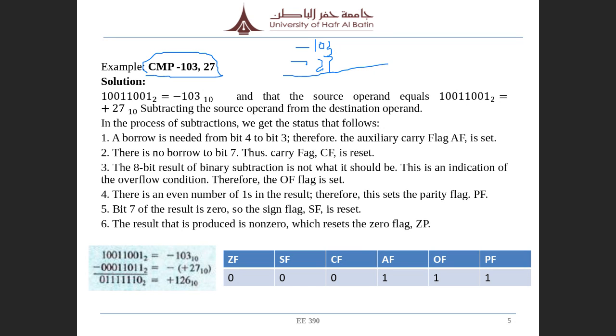So what will happen here now? 1 minus 1 is 0. Then 0 minus 1 is not possible. We need a borrow from here. Here also 0, so we take a borrow from further on. This becomes 0, this becomes 10, and then we take a borrow 1 from here, it becomes 1, and it becomes 10.